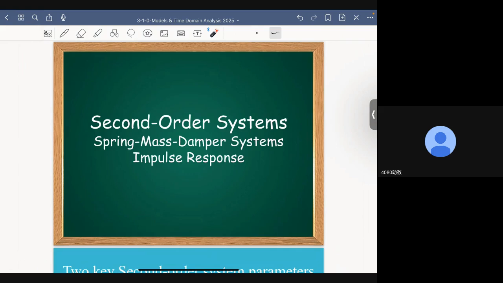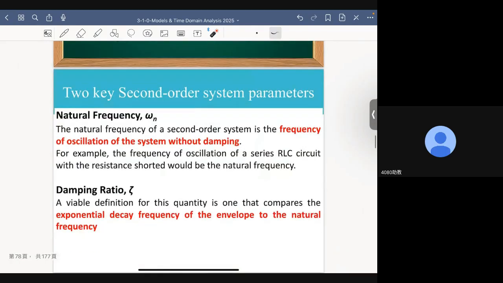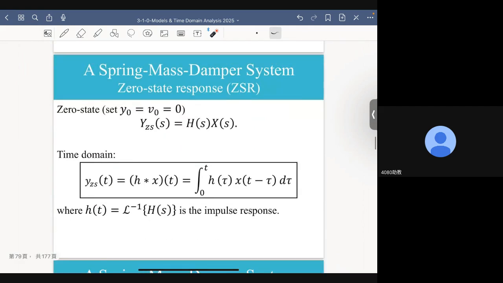The principle of division has everything to do with the nature of the poles: I have a pair of real poles, or I have repeated poles, or I have a pair of complex conjugate poles. Now, the focus switches to impulse response. Again, we want to focus on these two key parameters, natural frequency and damping ratio.